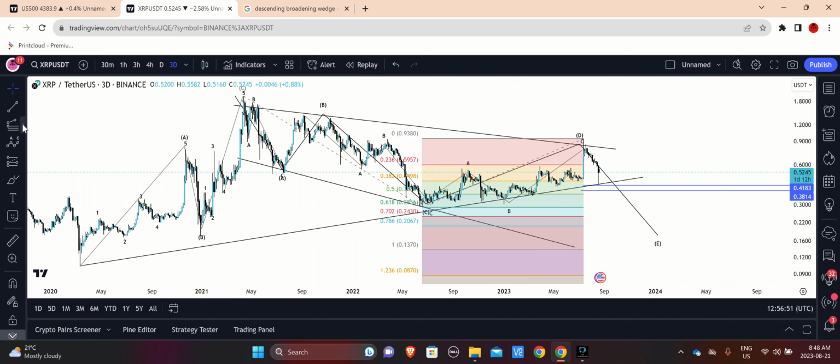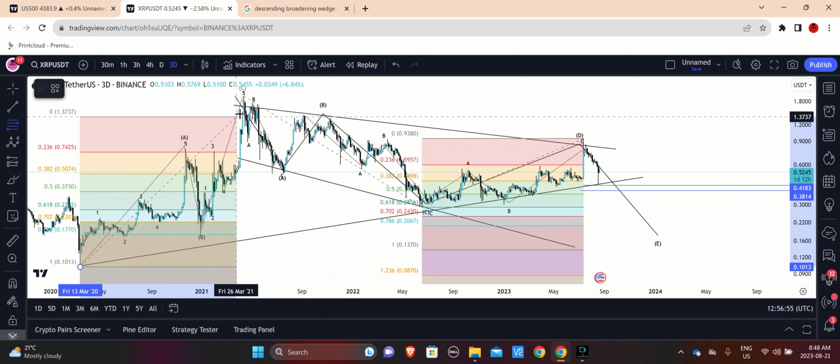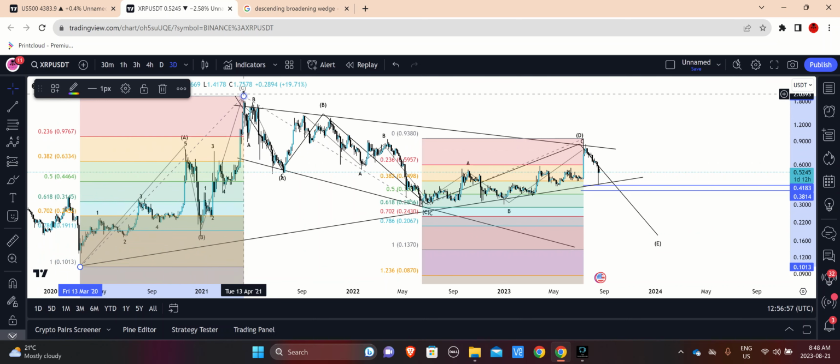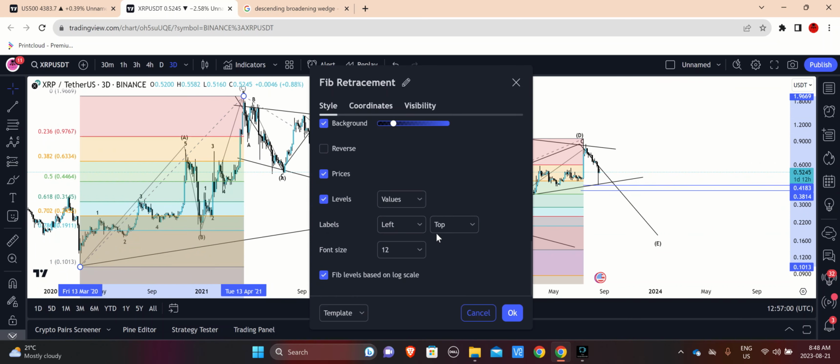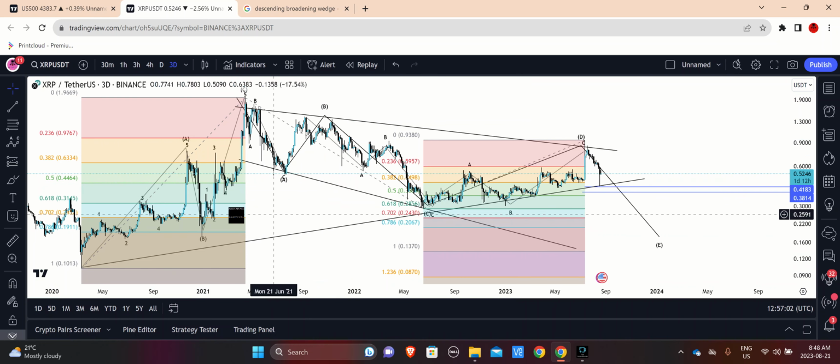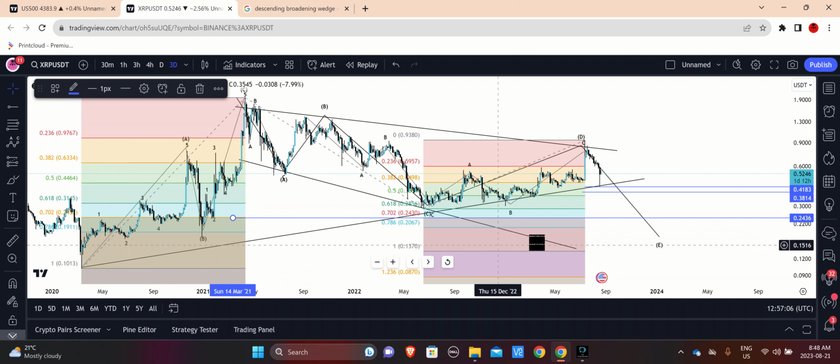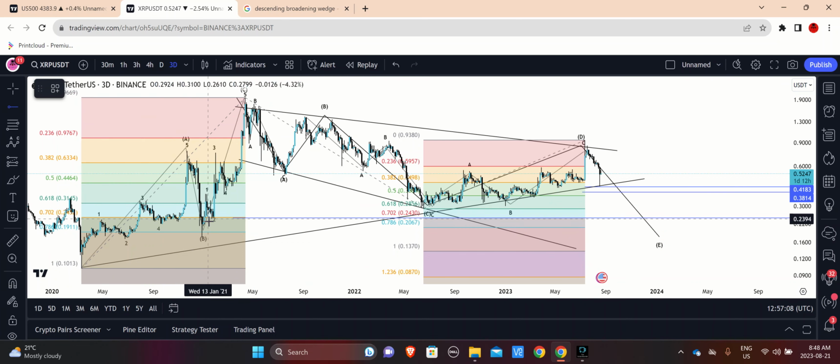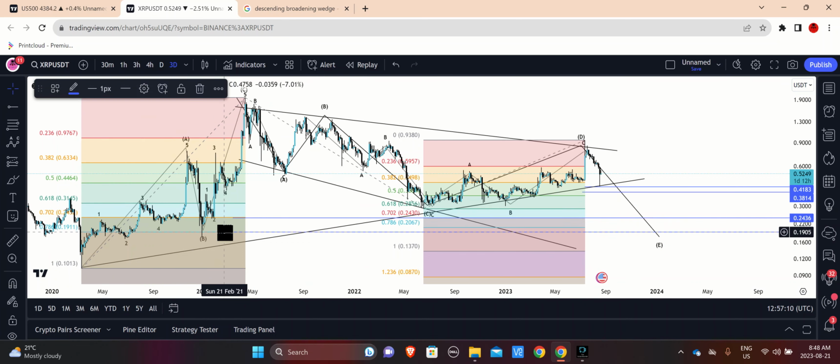And then if you take your regular fib from the very bottom of the bull market in 2020 to the top, make sure we're on log fibs over here, the 0.702 is at 24 cent, and the 0.786 is over here at 19 cent.